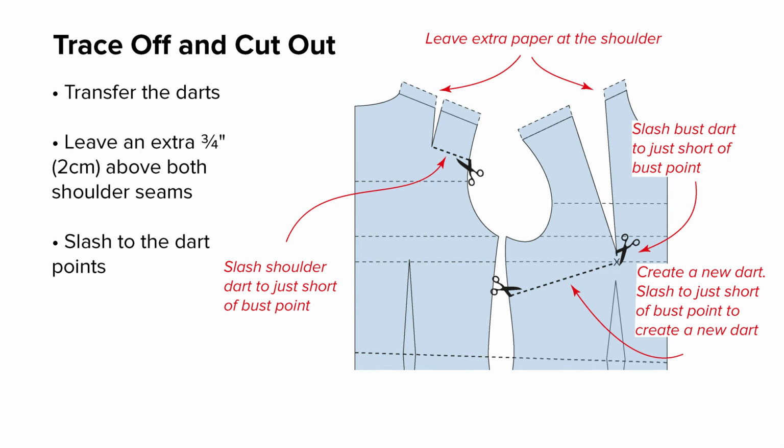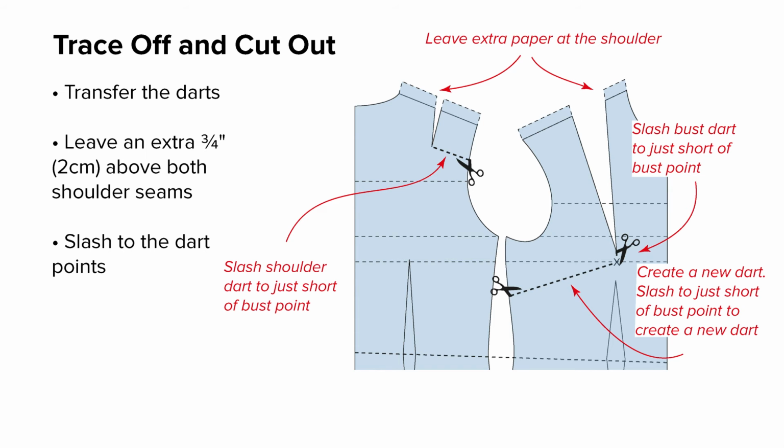First, transfer the bust dart to the side seam by slashing from 2 inches, 5 centimetres or more below the front underarm point to just short of the bust point. Carefully snip down from the end of the bust dart to just short of the bust point, so that the pieces are still just about joined.